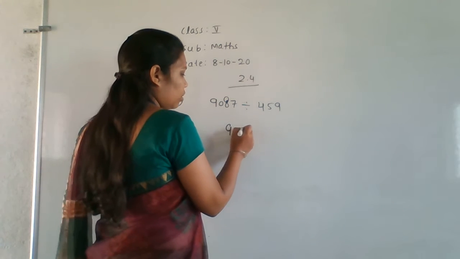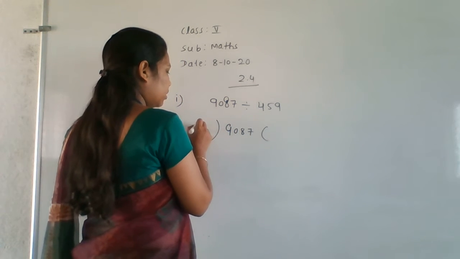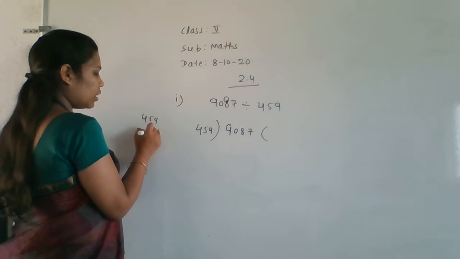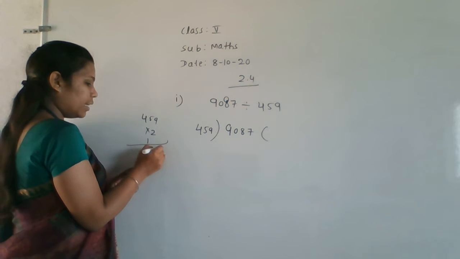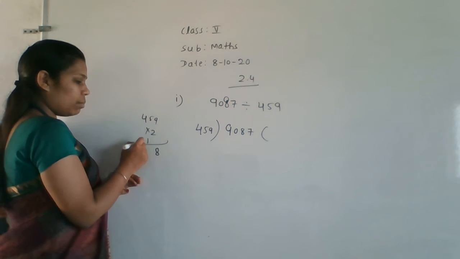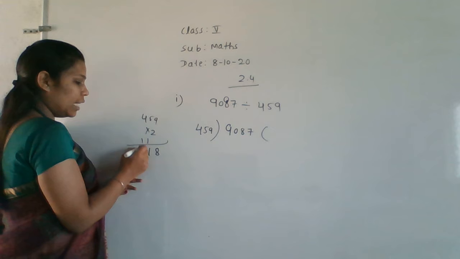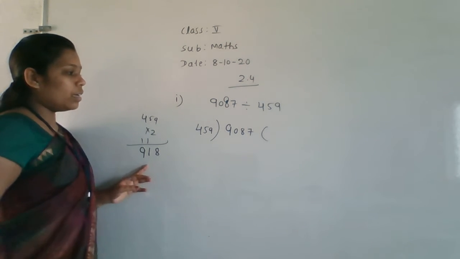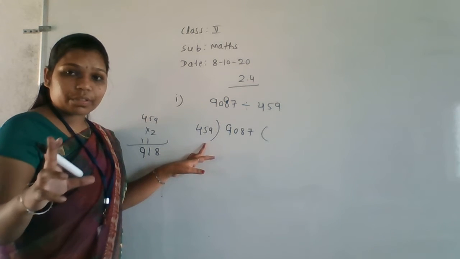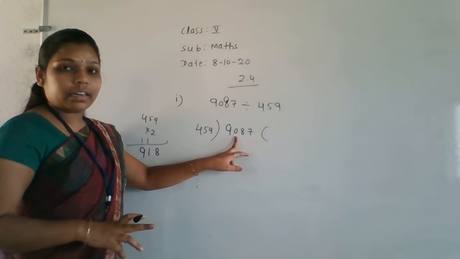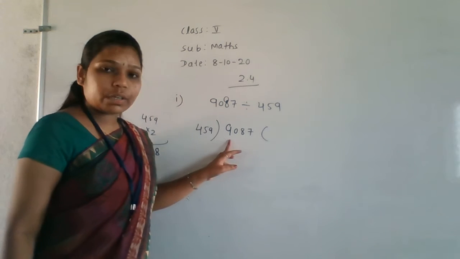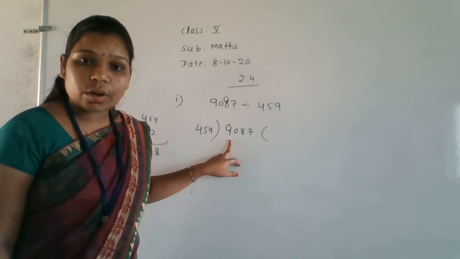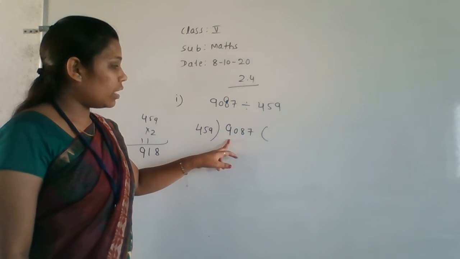What are 459 twos? 2 nines are 18, 2 fives are 10, 10 plus 1 is 11, 2 fours are 8, 8 plus 1 is 9. So here 918 is there, but here we want 459. Here 908 is there. 918 is greater than 908, right? So that's why we can't take that value.